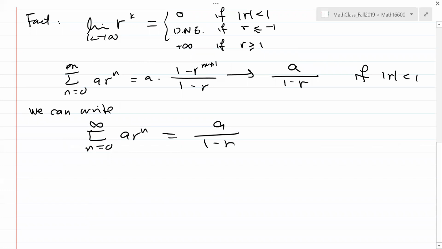So how do I apply that? We can have a simple application. Look at this problem. Remember in middle school, maybe elementary school, you already learned the notation 0.2 bar. This means 0.222 and so on.